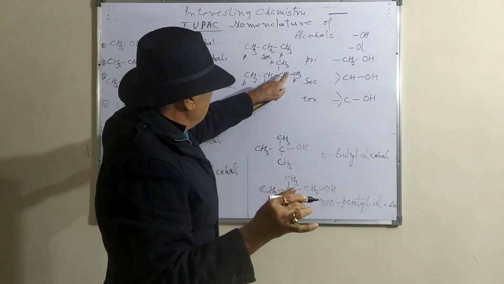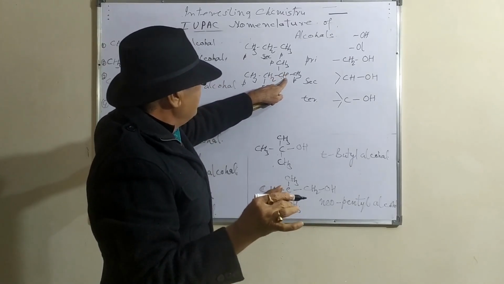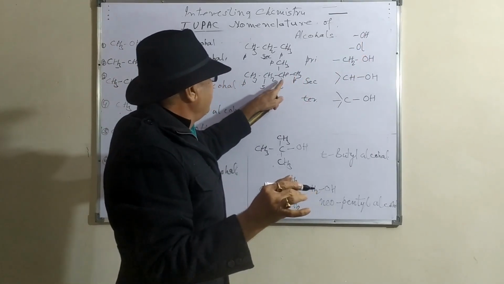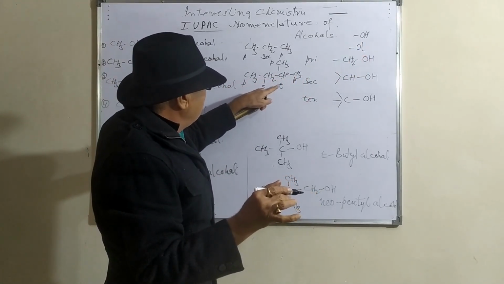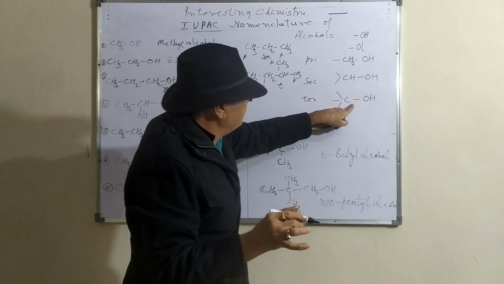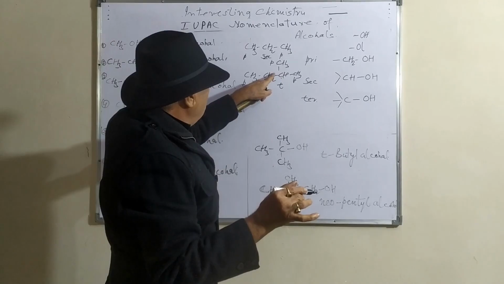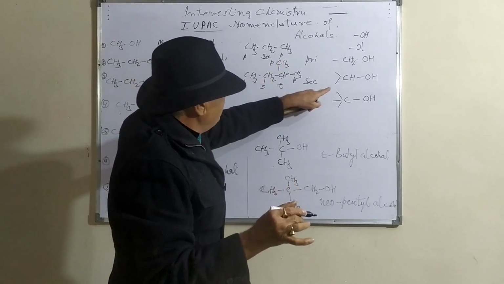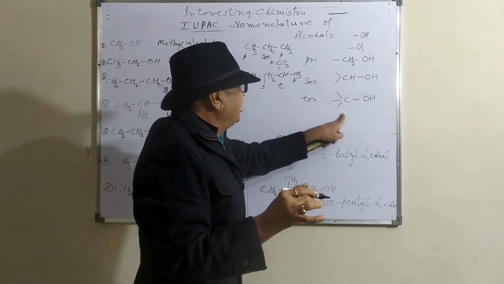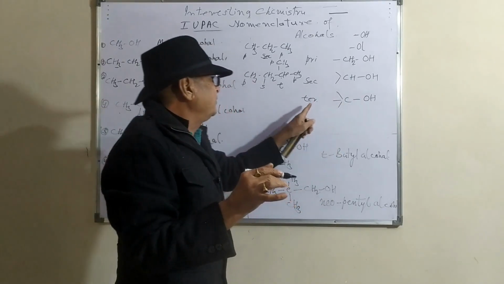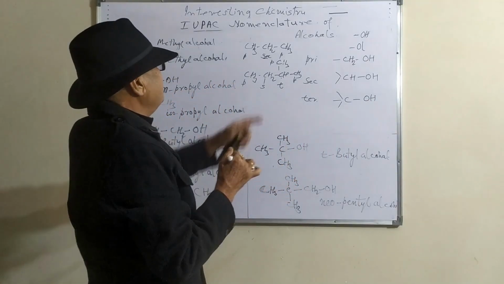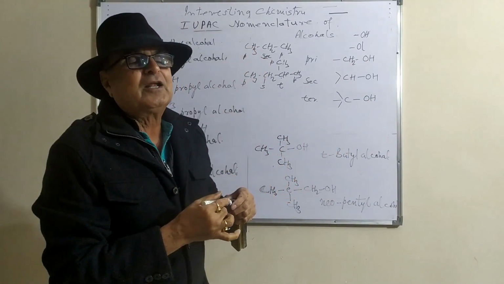When the hydrogen on this carbon is replaced by OH group, it will form COH, and all three valencies are occupied by alkyl groups. So the group of the tertiary alcohol will be COH. These are the three types of carbon atom.